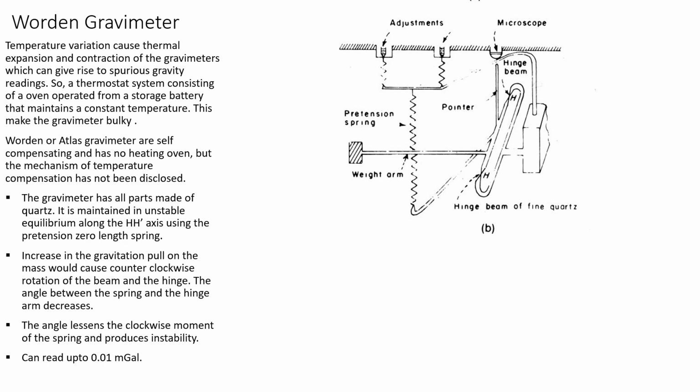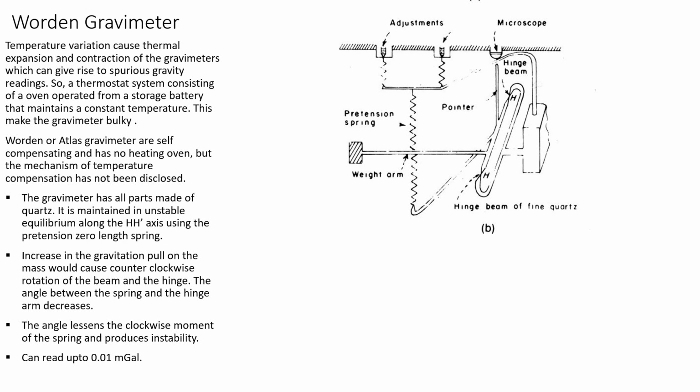So the restoring force, which is in the clockwise direction, which would have been exerted by the zero length spring in order to make the hinge beam reach back to its original unstable equilibrium position, is not achieved because the angle between the pre-tension spring and the hinge beam decreases.